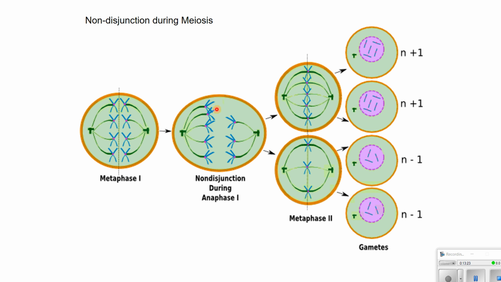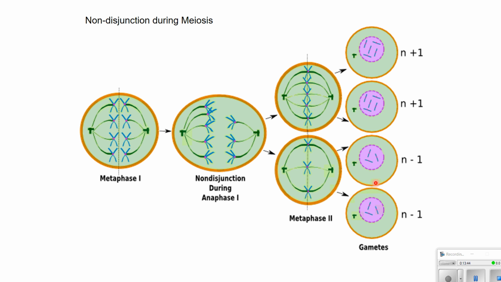Instead of these 2 chromosomes going their separate ways and ending up in separate cells, they both went to the left. Both of these chromosomes got pulled to the left. So that means we're going to have 1 too many chromosomes on this side, and a missing chromosome on the other side.